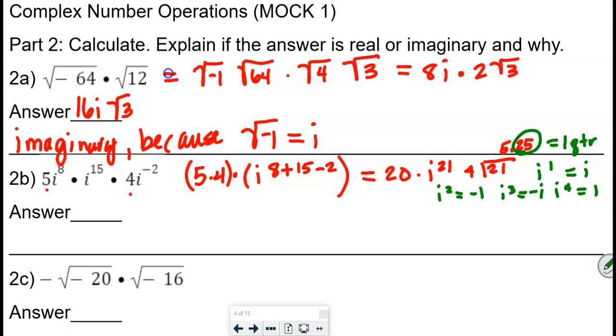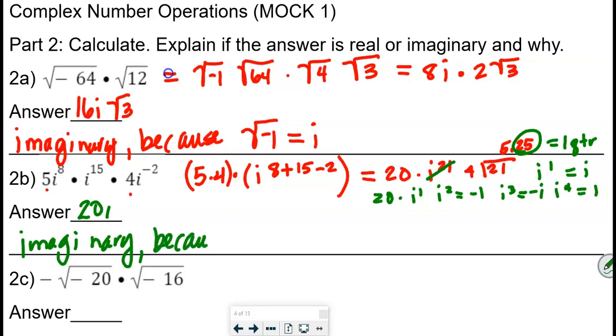Okay? So in this one, our answer is going to be, because this right here is going to turn to just an i to the first. So this is going to be 20 times i to the first, which is just 20i, right? So this one's 20i, and the reason is, it's imaginary, okay? Imaginary, if I could spell that would be great, guys. Why?